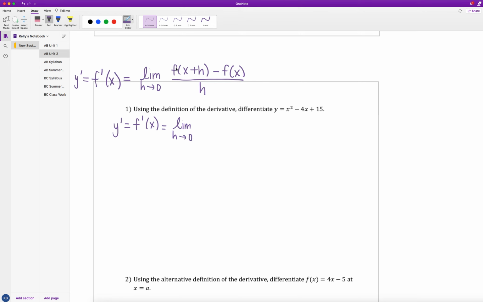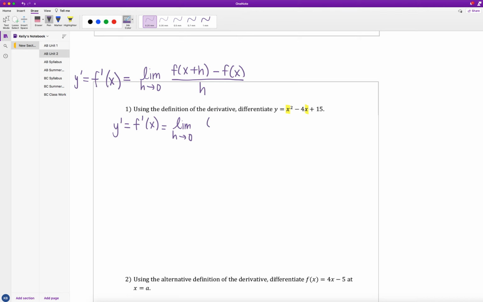Now to find f of x plus h, what that means is I want to substitute in an x plus h every place I have an x here. So I have an x squared, then I have a negative 4 times x. So each one of these x's I'm going to replace with an x plus h, since that's what the composition of those two functions means.